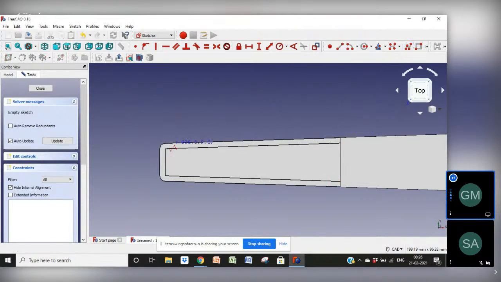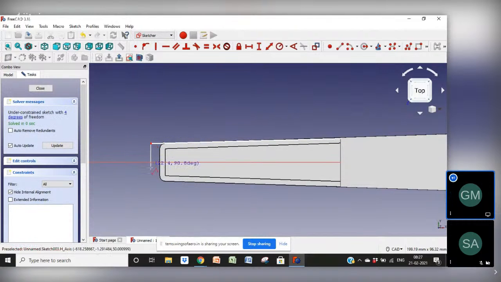Here again we need to take polyline. Let's take it from here. Moving along this, up to here. Joining with this.